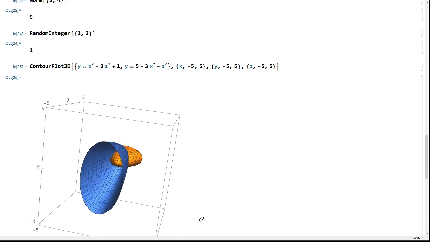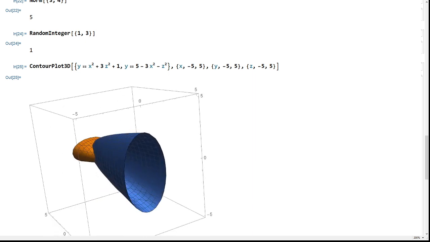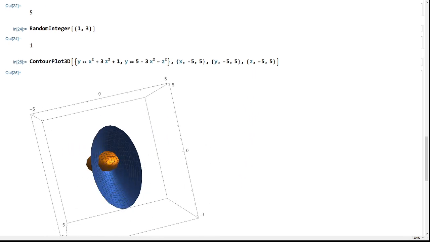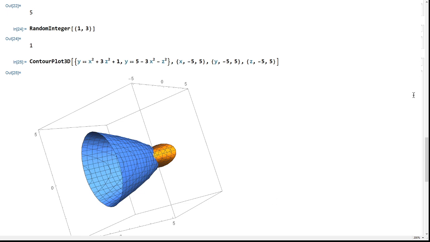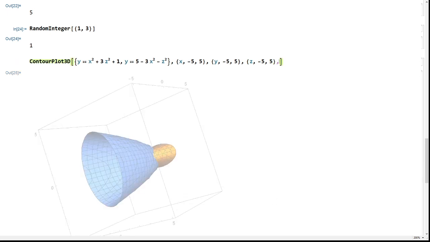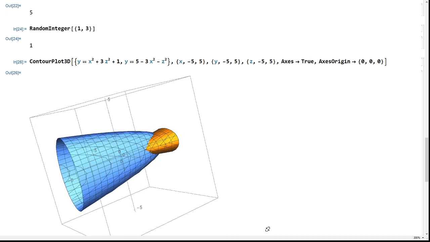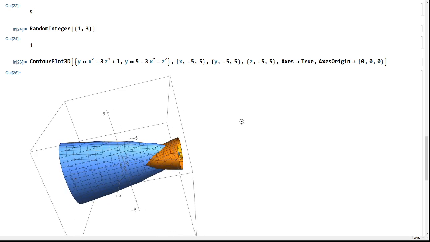All right, so we're looking at a shape like this. Let's do this. Axes true, axes origin, 0, 0, 0. Let's see, what are we dealing with here?